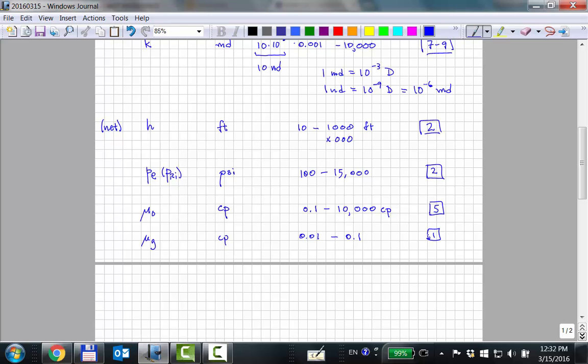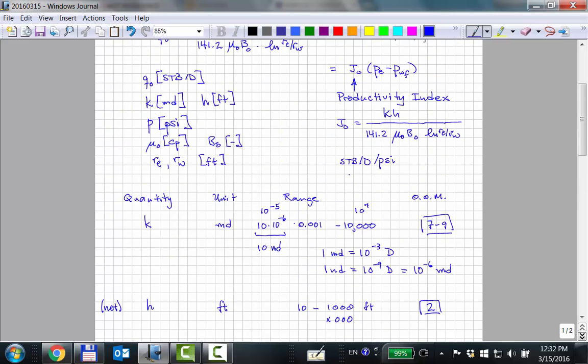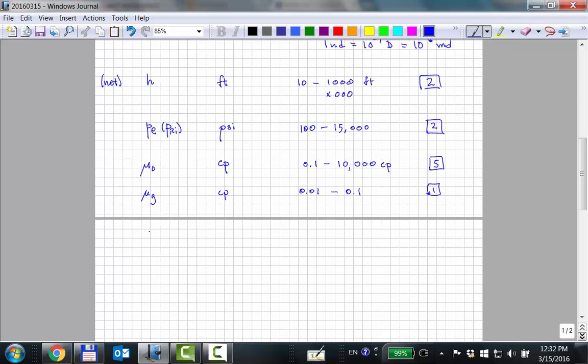Okay. So do we have anything left? We got the BO. That's basically volume per volume, so it doesn't really have a unit. The BO can range from essentially 1 or close to 1. I'll put 1.05 because there'll be some thermal stuff, even if there's not much gas in solution.